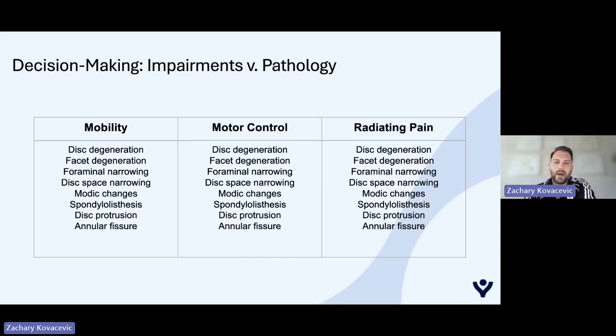And what I want to highlight here is that all these people with these impairments, mobility impairments, motor control impairments, radiating pain impairments, all of them have some of this living in their systems inside their skin, right? So it behooves us to consider, how can we intervene at the movement level? How can we intervene at the movement system to treat the movement impairments, to improve movement, function, pain, and as a result, maybe have an indirect effect on the inner tissue level, right?